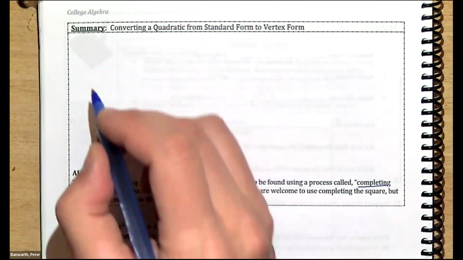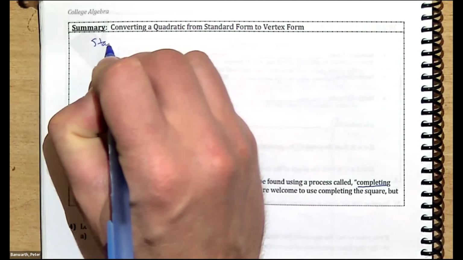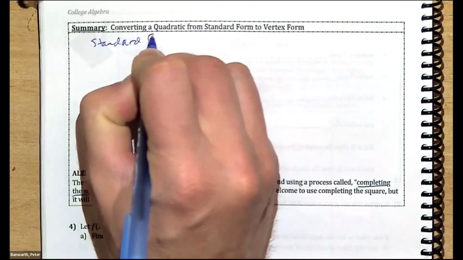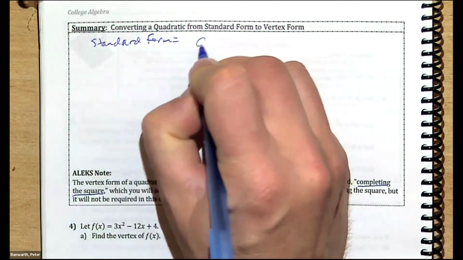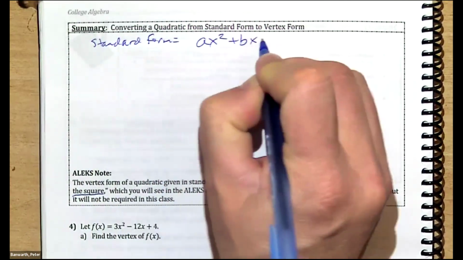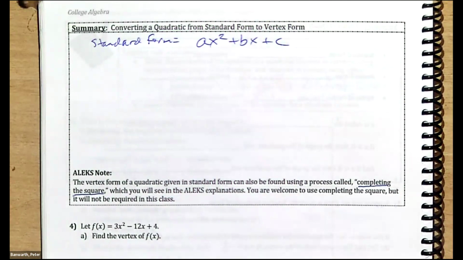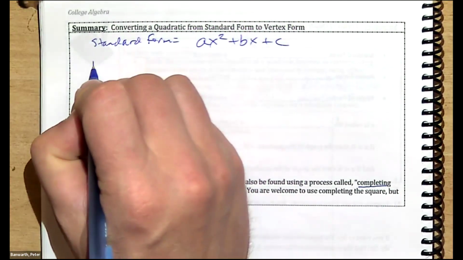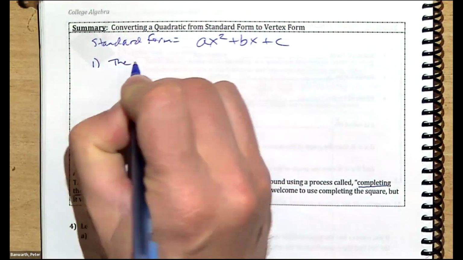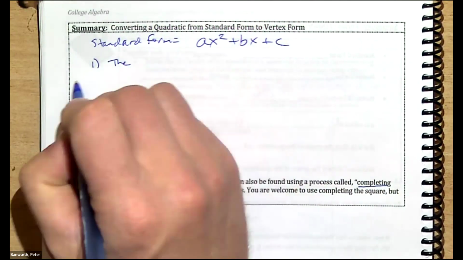Okay, so if you have standard form equals ax squared plus bx plus c, then there are two pieces of information. The three pieces.